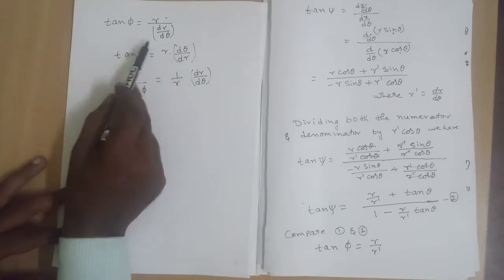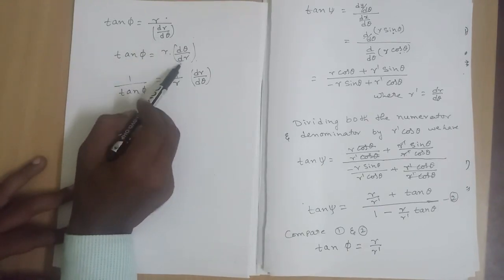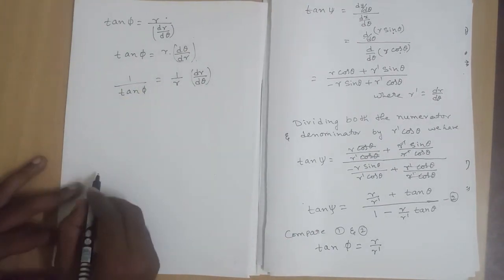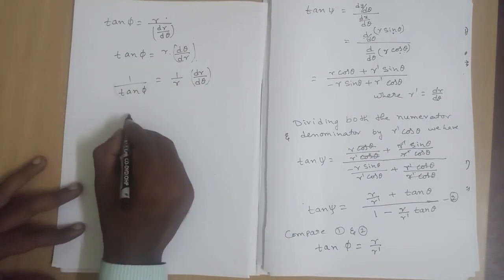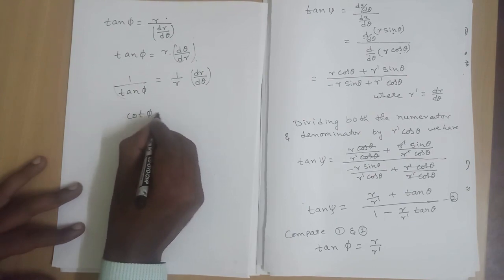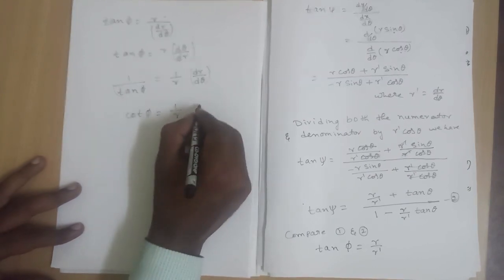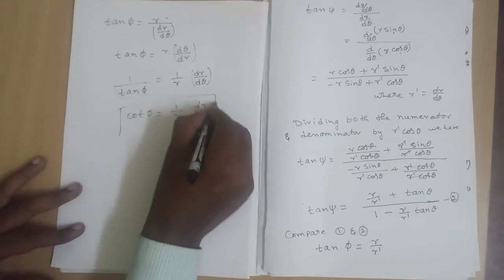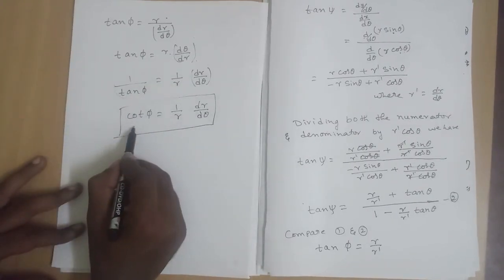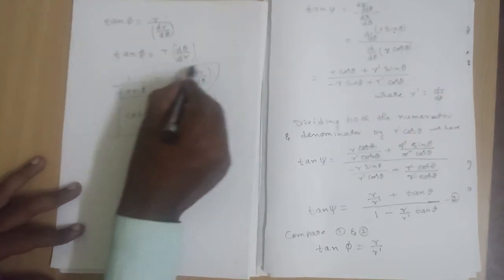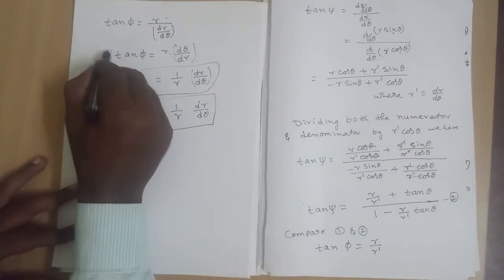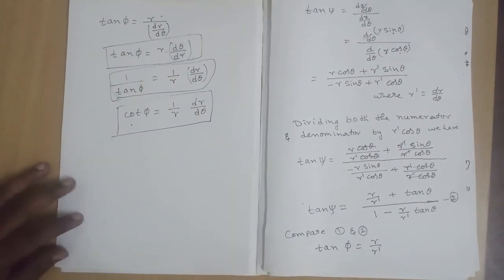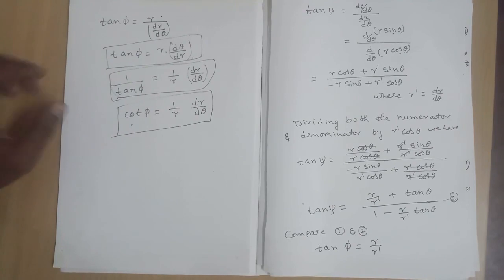So this can be written as cot phi equals 1 by r into dr by d theta. This is very important; either you have to remember this one or this one or this one. We will use it in the problems, very important.